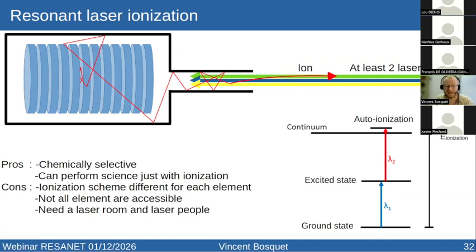The disadvantages is that you need a different ionization scheme for each element. And not all elements are accessible. There is some technical limitation. We don't have access to all the wavelengths that we want. And it also requires a laser room with laser people. So it needs a lot of resources to be able to use resonant laser ionization.